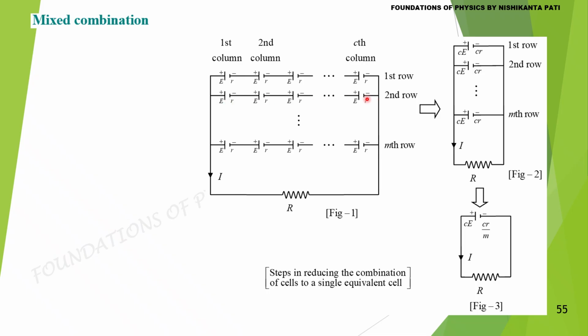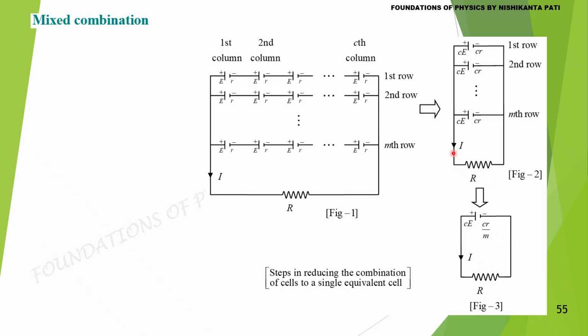The second row behaves as a single cell of EMF CE and internal resistance Cr. Similarly, the Mth row. These are a parallel combination, so the effective EMF is a single EMF, but the effective internal resistance is Cr by M.